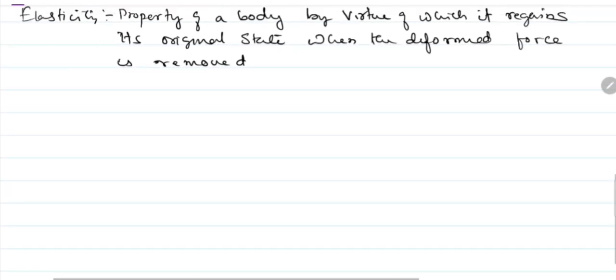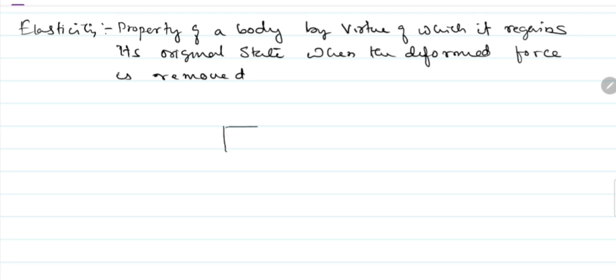I will explain once again. See here, this is one body. I have applied a force on that body, so the body changes in this direction. It changes its shape.